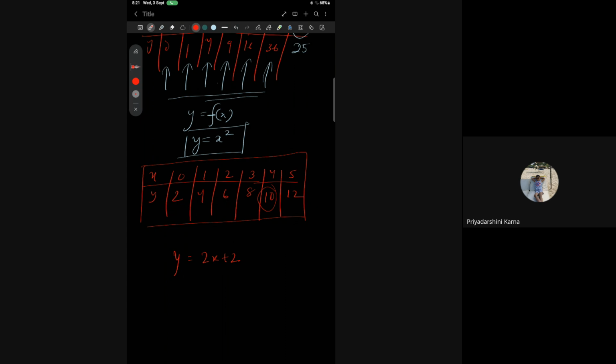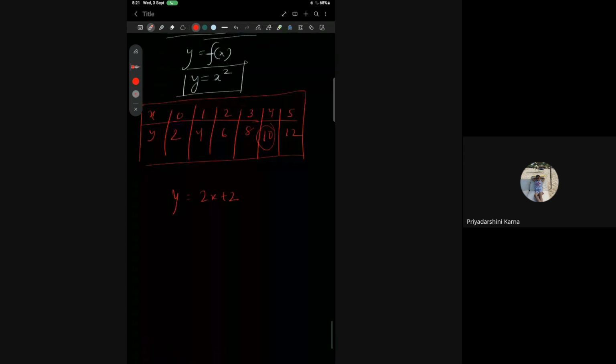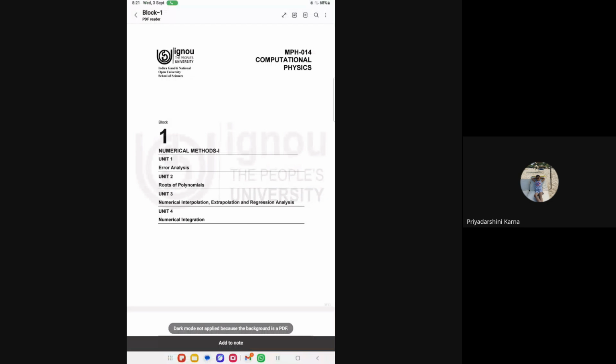I suggest all of you to go to the material suggested, groups of polynomial, numerical interpolation, extrapolation. Outside the interval, it will be extrapolation.